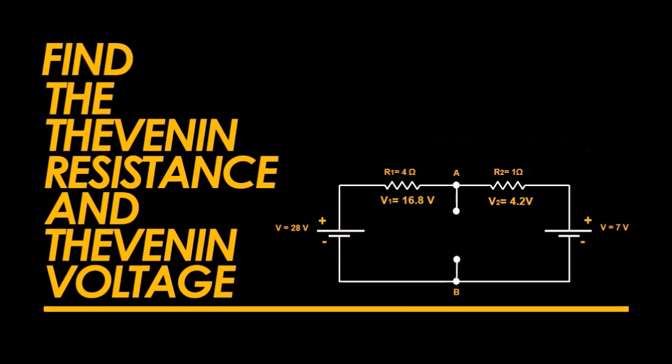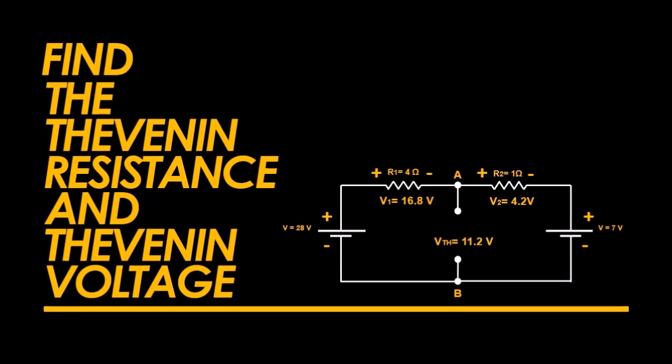Since the 28-volt voltage source is opposed by 16.8 volts, we have to subtract: 28 volts minus 16.8 volts is equal to 11.2 volts. To check our answers, the 7-volt battery is not opposed by the 4.2 volts. Therefore, 7 volts plus 4.2 volts is equal to 11.2 volts, which is indeed the Thevenin voltage.